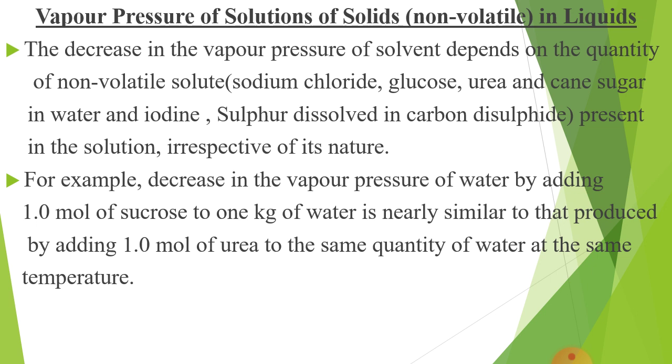The formula of glucose is C6H12O6, urea NH2CONH2, and cane sugar, that is also known as sucrose or table sugar, C12H22O11 in water, and iodine, sulfur dissolve in carbon disulfide CS2.